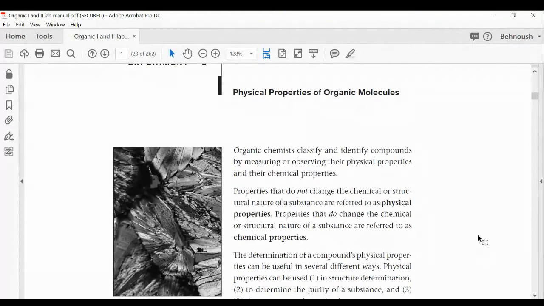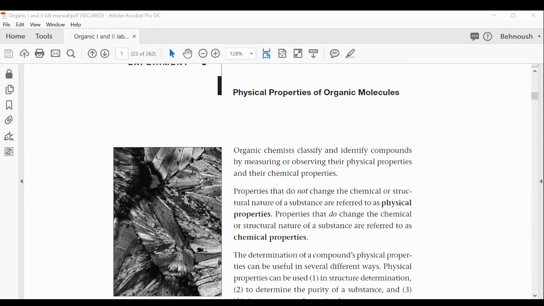Valentina, can you add something? How would the physical property help us? It helps us to determine the identity. Okay, very good.